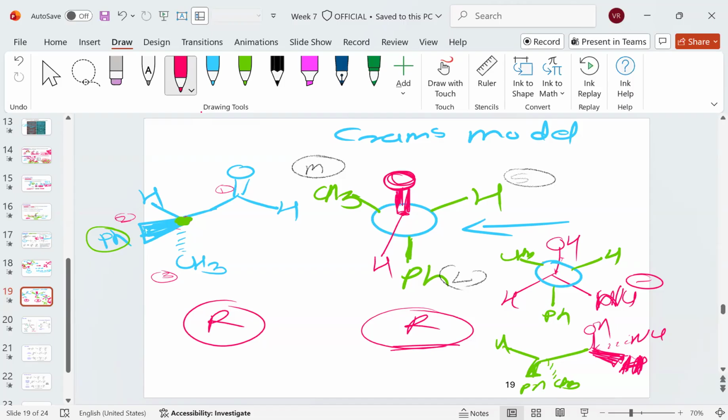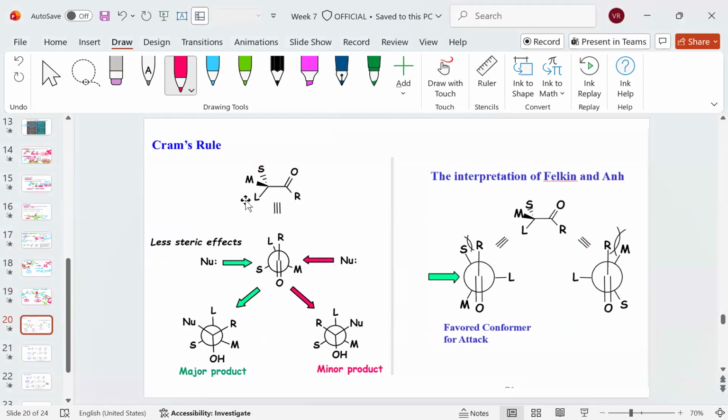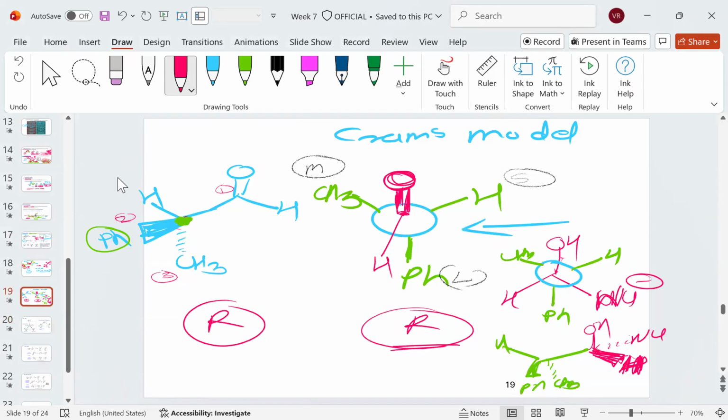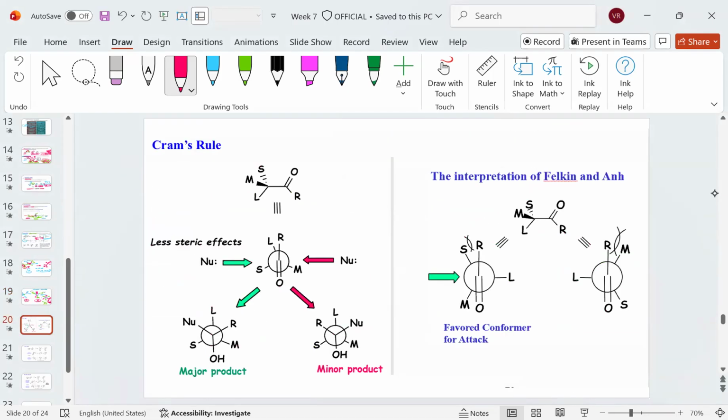Now we'll see another model, which is the Felkin-Anh model. In this model, you have to keep the carbonyl center in the plane, but the large group you have to keep on the horizontal plane, and then you can do the attack on this carbonyl center.